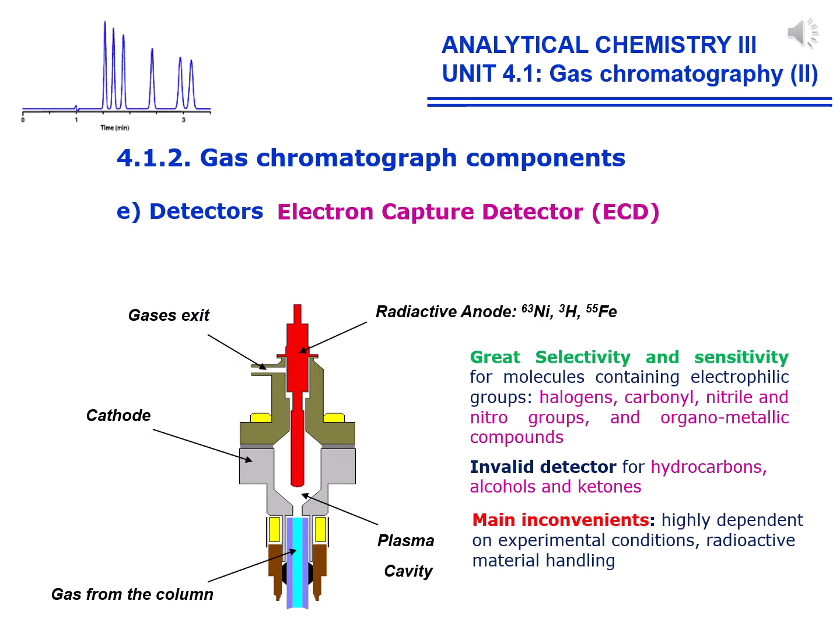Electron capture detector, ECD. The electron capture detector is probably the second most widely used after FID due to its exceptional sensitivity. It's an ionization detector that measures the decay of an electric current between two electrodes, an anode consisting of a plate of a radioactive material, nickel-63, tritium, iron-55, and a cathode.